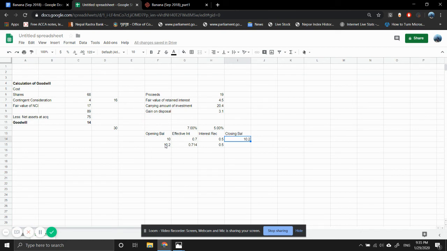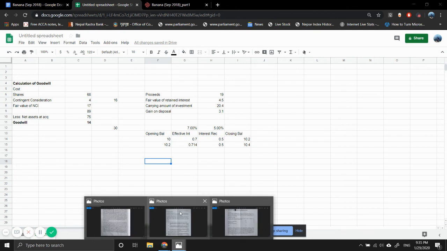So this will be copy paste. So 10.4, right? And this is from this period to this period.